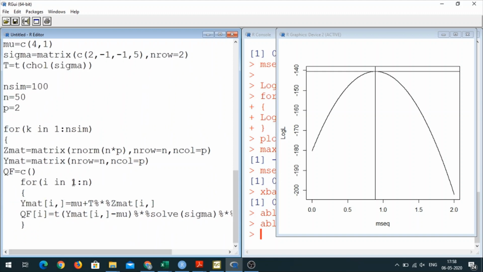I'll compute it for every i. So at the end I'll have 50 values of QF, and to them I have to apply the chi-square test.